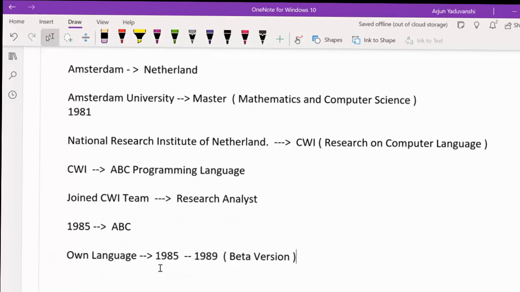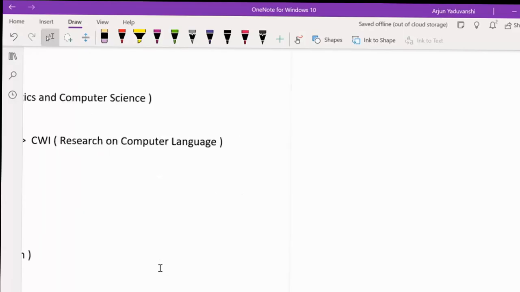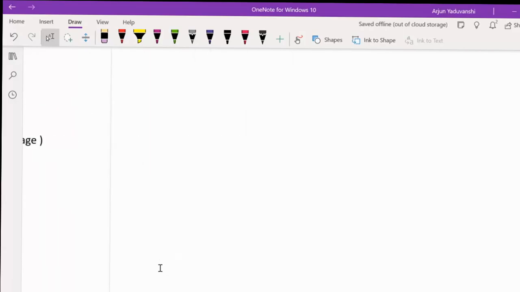Now, he built up a beta version and he shared this within the team. He already had a good amount of experience, almost 9 or 10 years in IT. So he started sharing this with his buddies, his close friends who were also working as software developers.